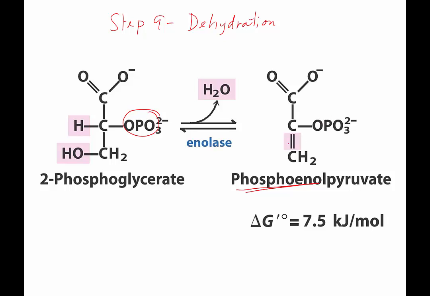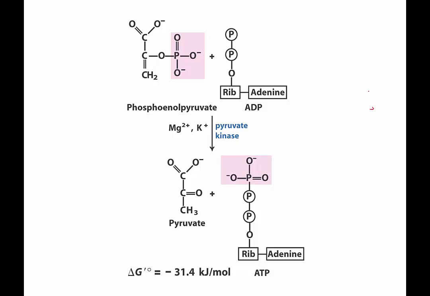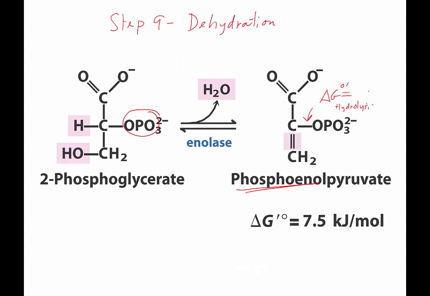But this phosphoenol is going to have a very high energy of hydrolysis. It turns out that the delta G standard of hydrolysis for this, let me just write it like this, is equal to about -62 kilojoules per mole.